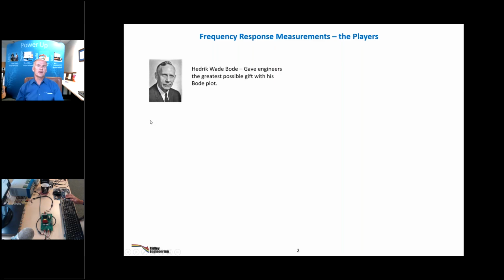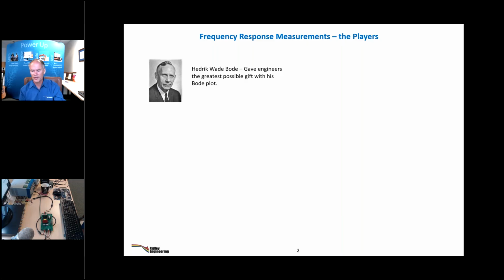So first thing I'd like to mention the big influences in my career in frequency response. And of course, we can't say anything without mentioning Mr. Bode. He was an engineer at AT&T Bell Labs, or it was just Bell Labs back in those days, and very much involved with feedback control and many other topics.